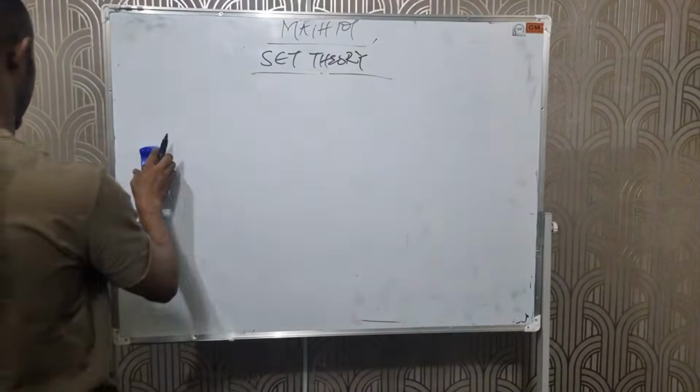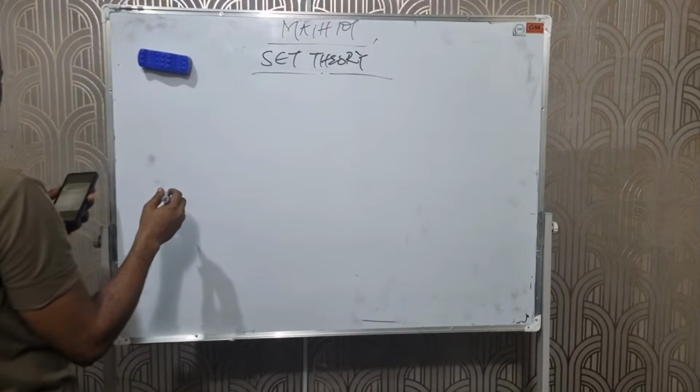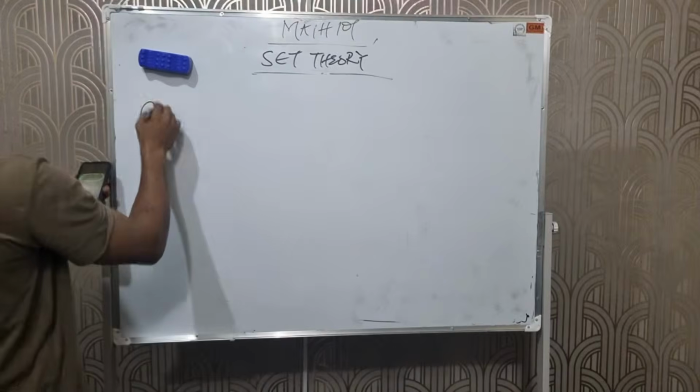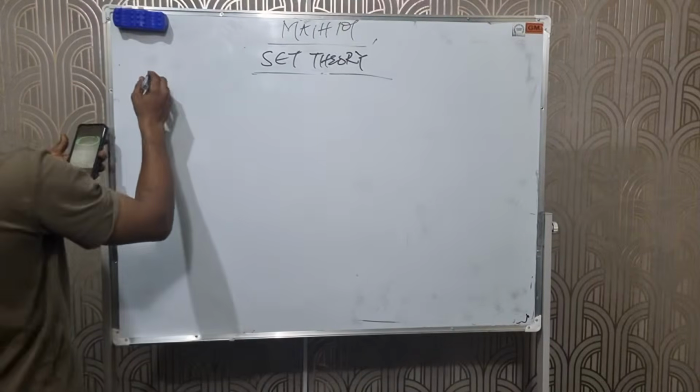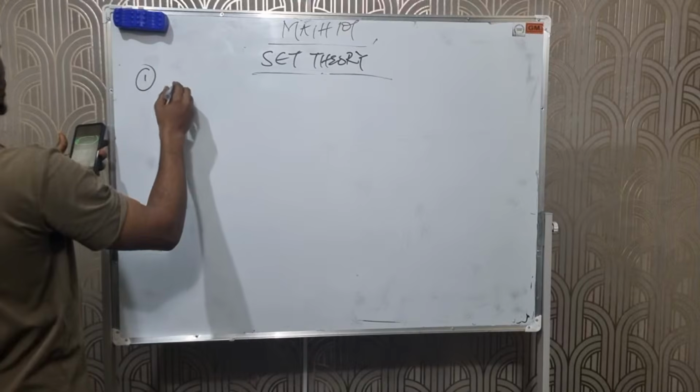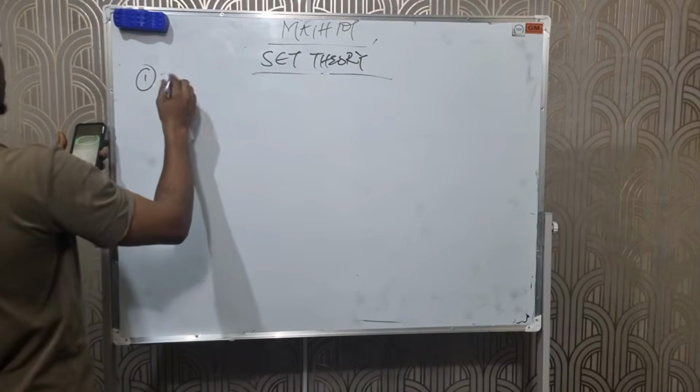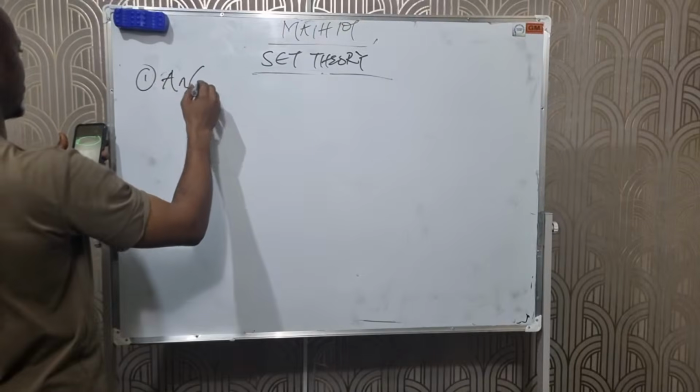The next question says, in each of the Venn diagrams below, shade: 1, A intersection B union C; 2, A union B intersection C; 3, A difference B union C.